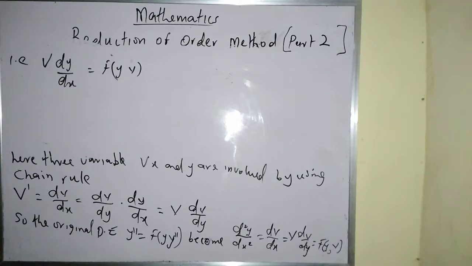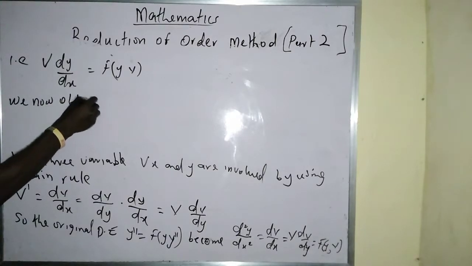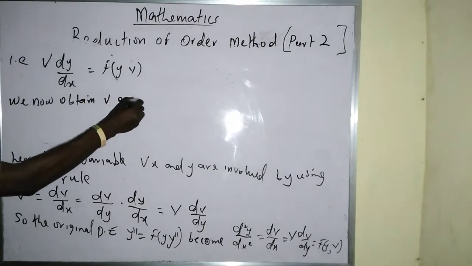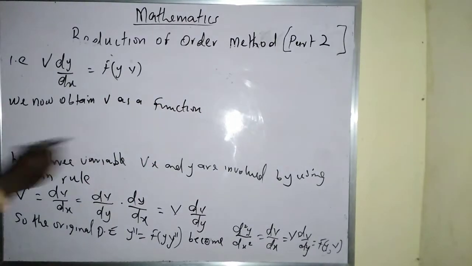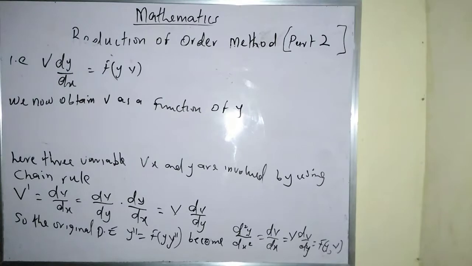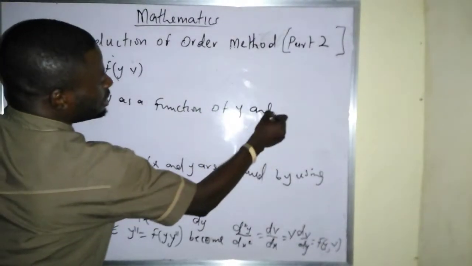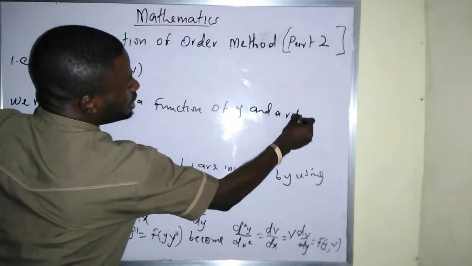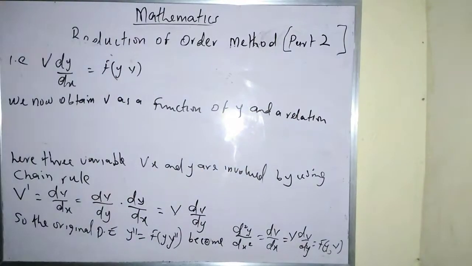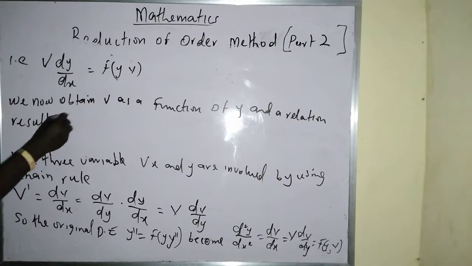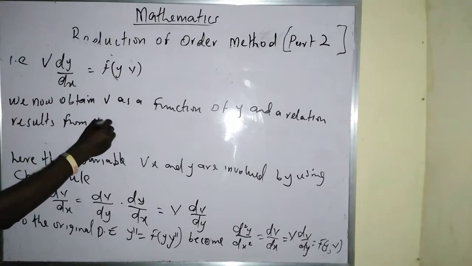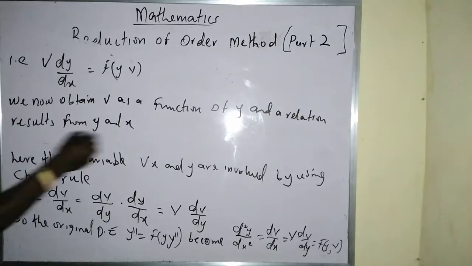Now we obtain v as a function of y, and a relationship, and the relation results from y and x by solving.